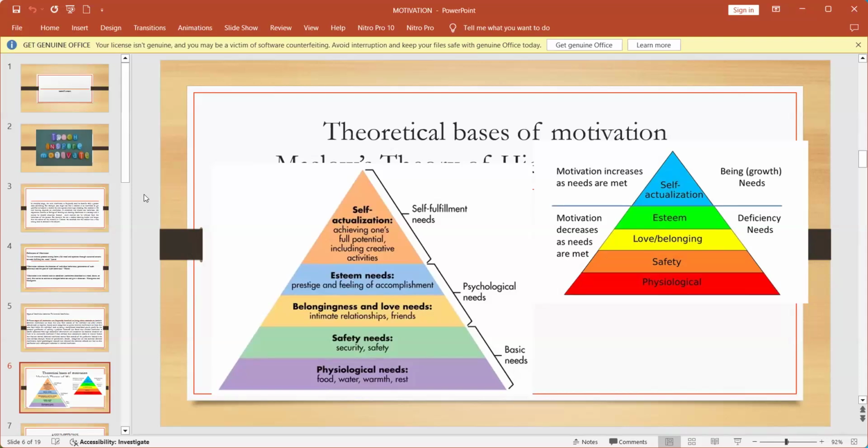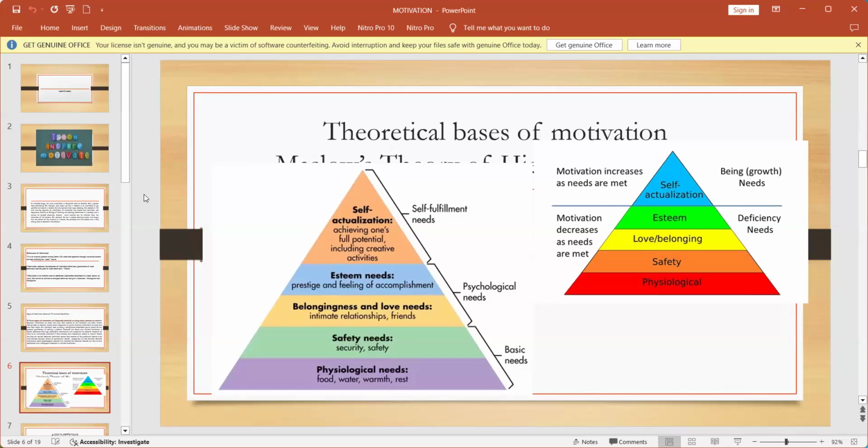Abraham Maslow, right? Abraham Maslow proposed the hierarchy of needs theory, because needs only transform into motivations, as we discussed in the definition. So according to Abraham Maslow, this is how individuals are motivated.